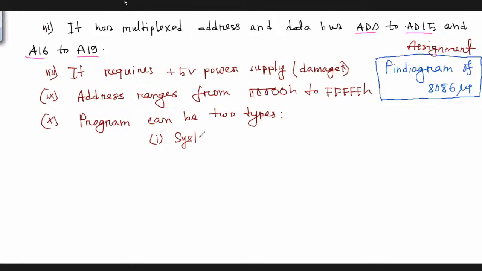And the second one is the application program written by user. So whatever program a user is going to write is called an application program.